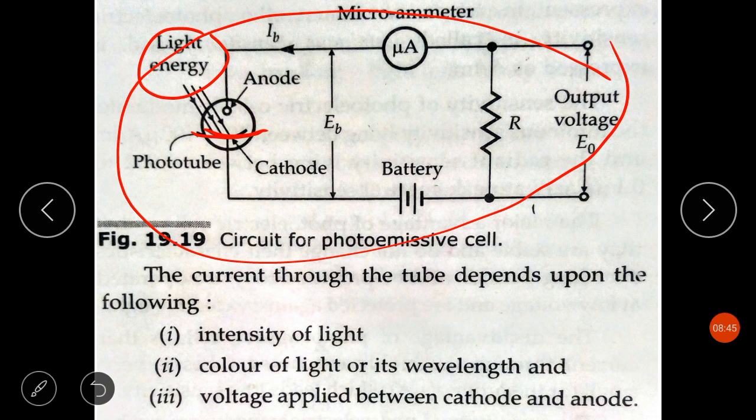So we can say this photoelectric current depends on the luminous intensity of the radiation.